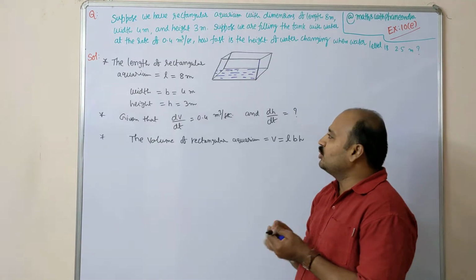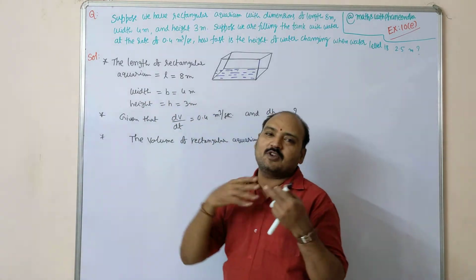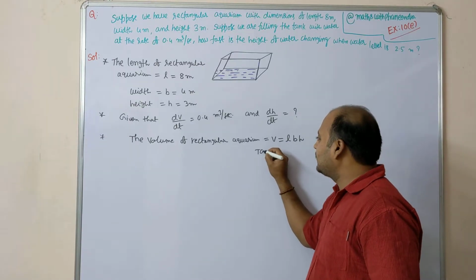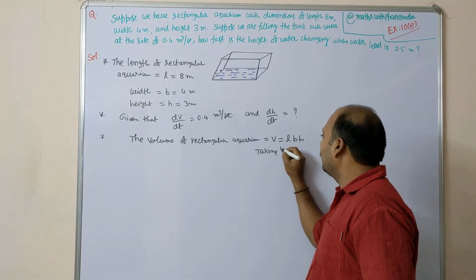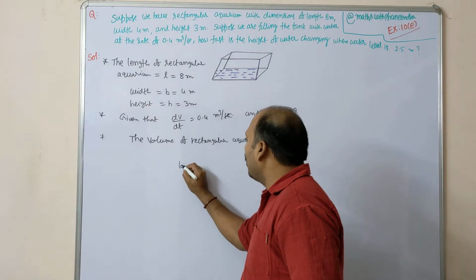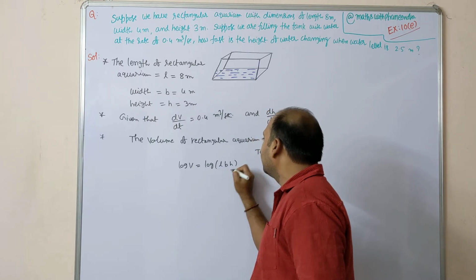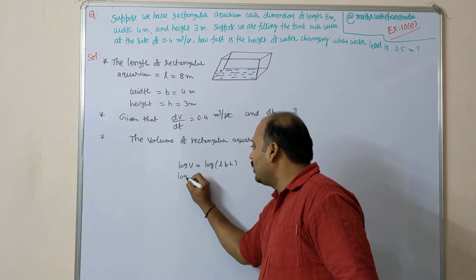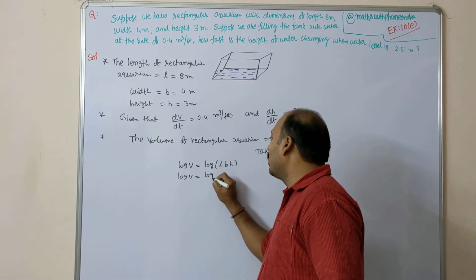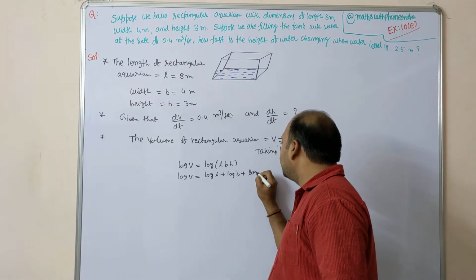Here we are going to use V and H only; the rest, L and B, are constants. Taking log on both sides, log V is equal to log LBH. So log V equals log L plus log B plus log H, using the formula log ABC equals log A plus log B plus log C.